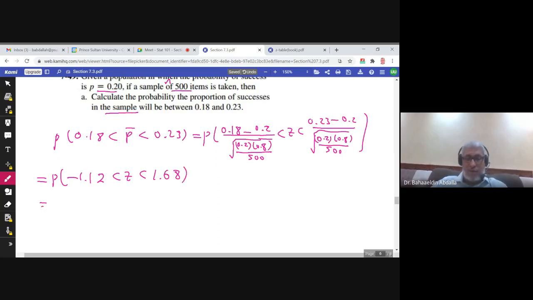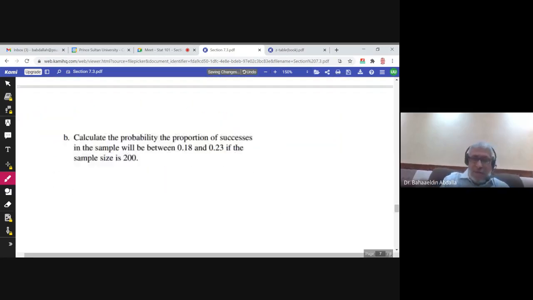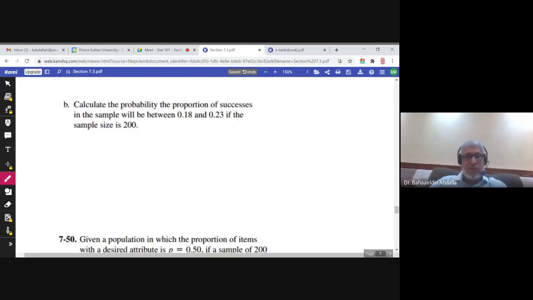And to find the probability between these two values, you add the probability between 0 and 1.68 to the probability between 0 and 1.12, because one of them is negative and the other one is positive. So you find this area from the table and this area from the table, and you add these two areas.